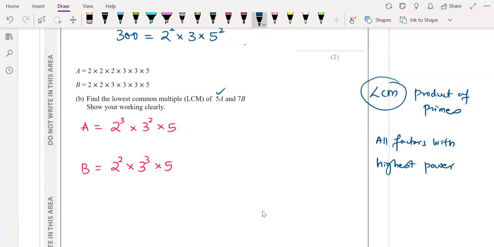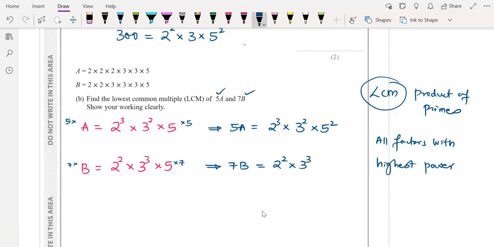So to get 5A, multiply both sides by 5. That gives 5A is 2 cubed, 3 squared, and 5 times 5 becomes 5 power 2. Similarly, for 7B, multiply both sides by 7. That gives 7B equals 2 squared times 3 cubed times 5 times 7.